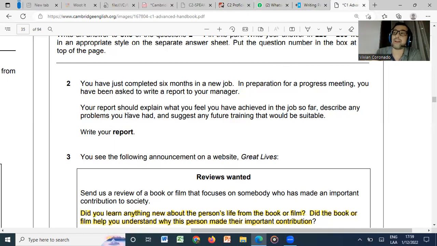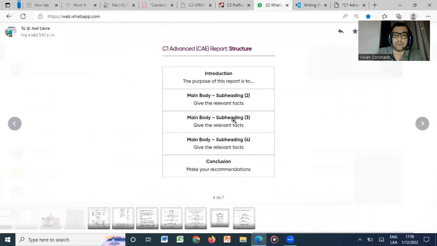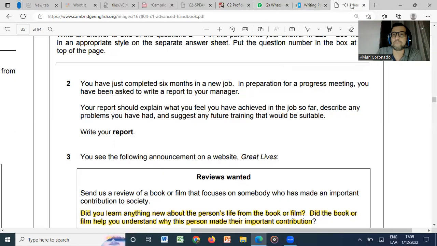In the second paragraph, you're going to be writing a second subheading, right? And in that case, maybe we can think about some problems that you might have had in a job.